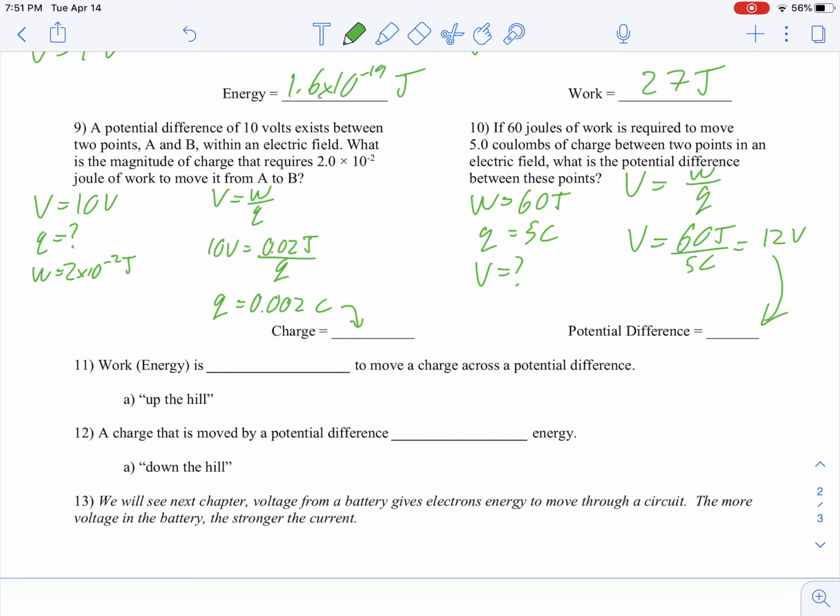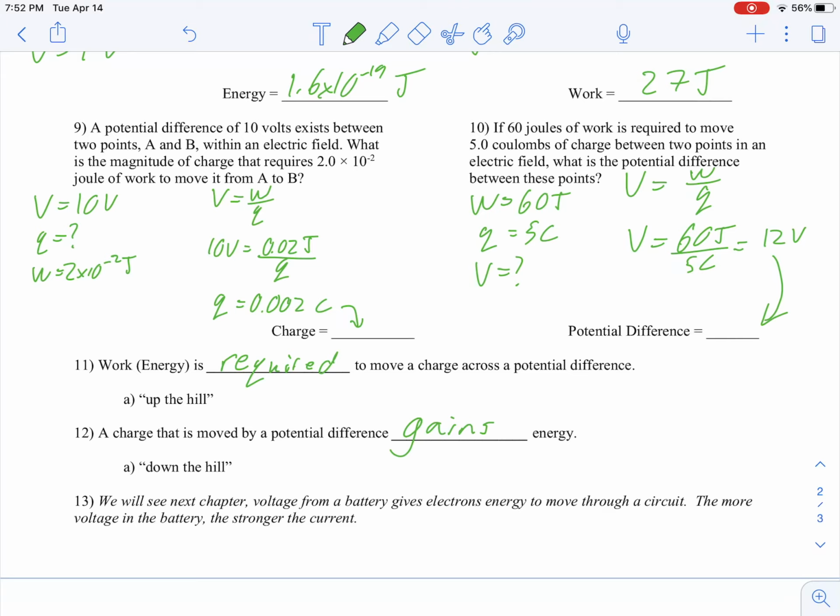So just to wrap it all up, work or energy is required to move a charge across a potential difference up the hill. A charge that is moved by a potential difference gains energy. Okay, so if you learned nothing else today, here's what I want you to make sure you understand.